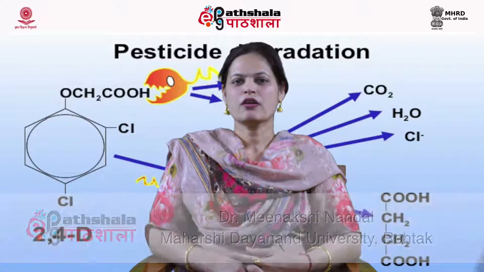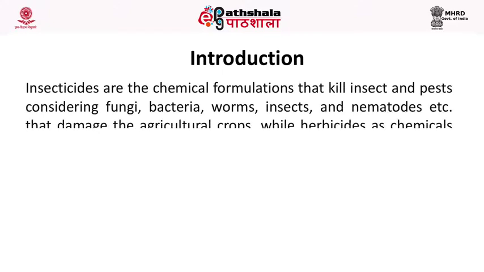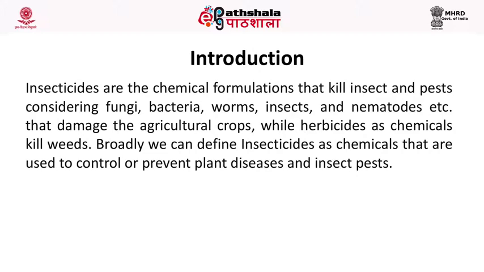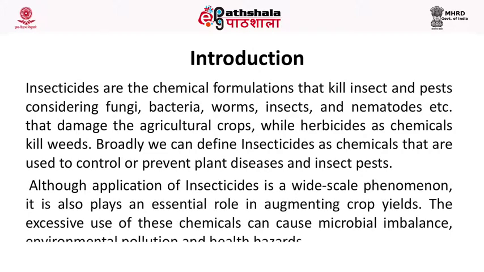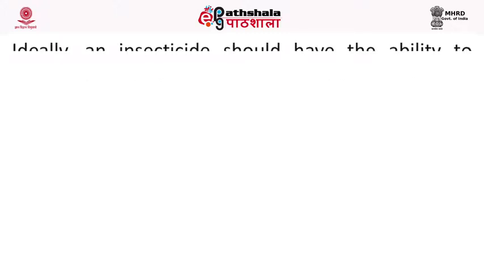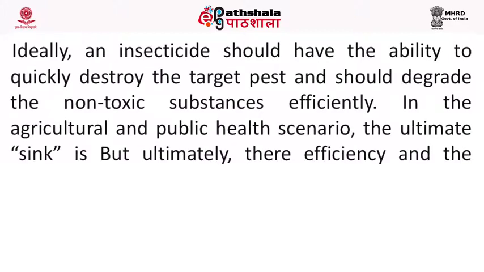Today I am going to give a lecture on the module Degradation of Insecticides. These are the chemicals which are known to kill insects and pests. Insecticides are classified as chemicals known to cause imbalance of microbes in the soil, environmental pollution and health hazards, depending upon the physical, chemical and biological properties of these chemicals.